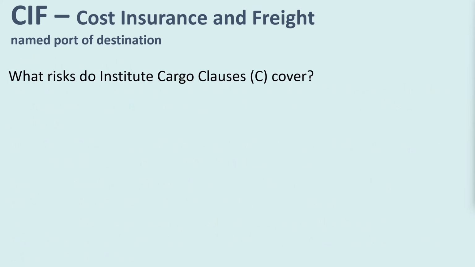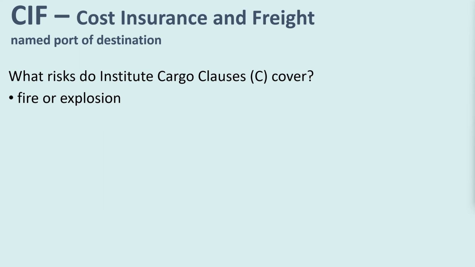Well, so what risks do Institute Cargo Clauses C cover? Well, they are specific risks, unlike Institute Cargo Clauses A, which is effectively an all risk except certain risks. Institute Cargo Clauses C is defined risks.